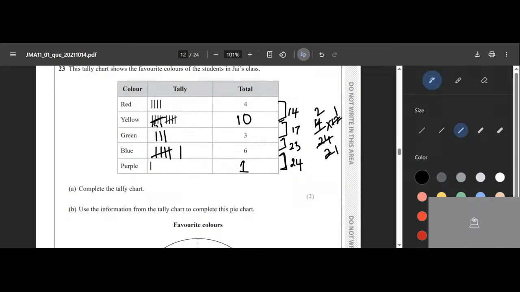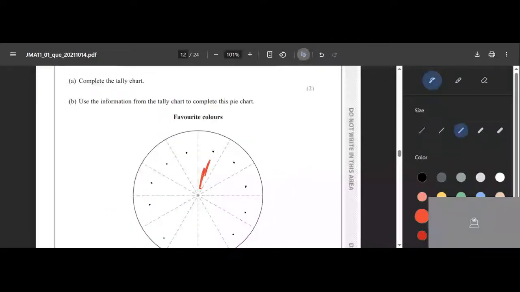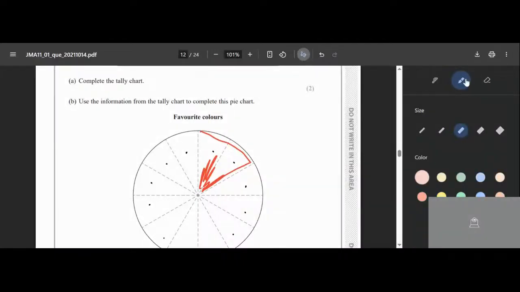So 4 divided by 24, I'm supposed to be shading 2 of them for the color red. So I'm just going to choose a different color, which is red. And I have these two of red. Let me increase the width.